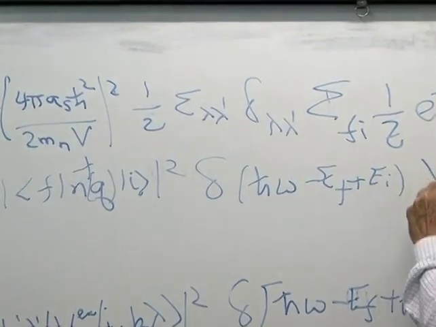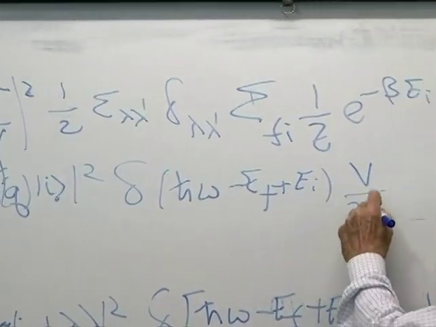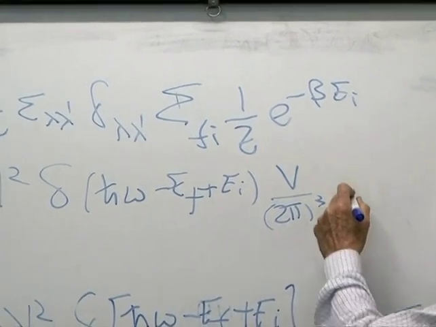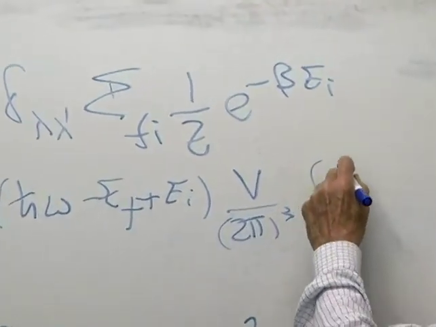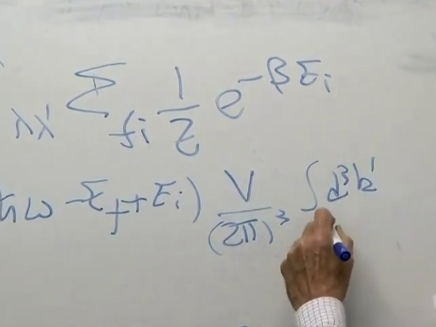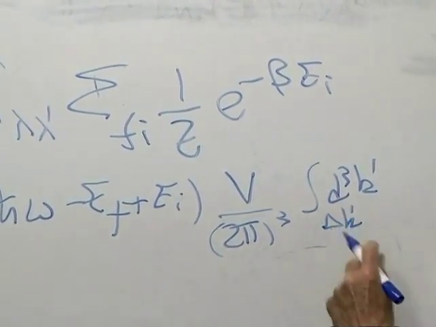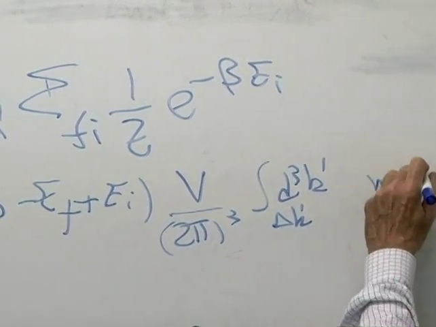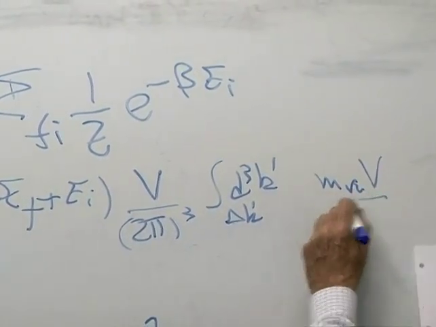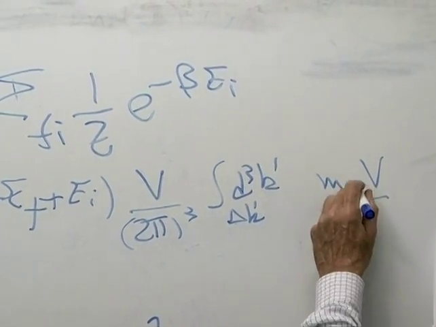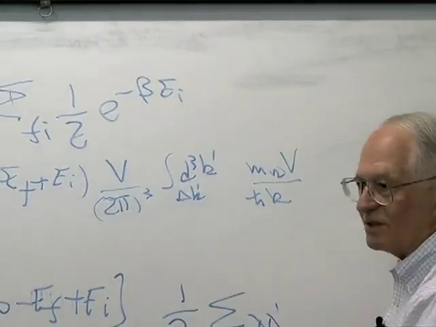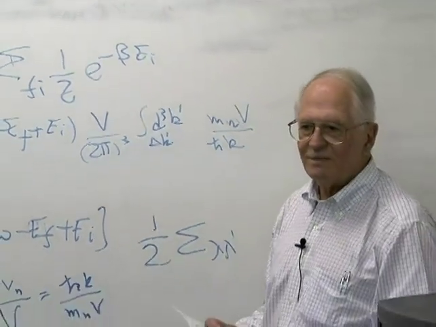And finally, you get this factor V over (2π)³ integral d³k′ over dΔk′. This is over the final states that we're going to detect, m_n V over ħk. This is dividing by the incident neutron flux, and I think that's everything.